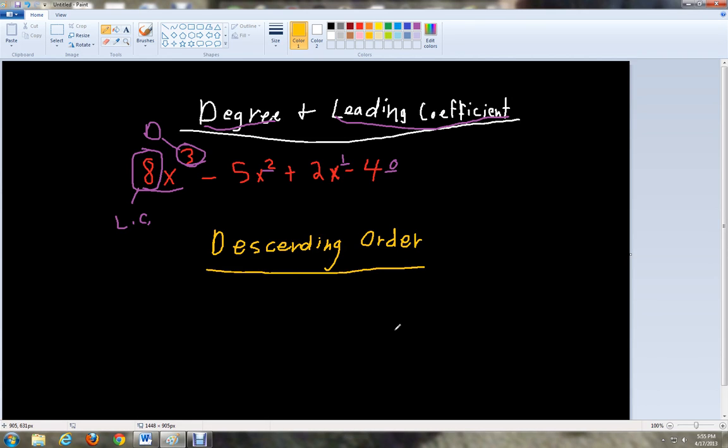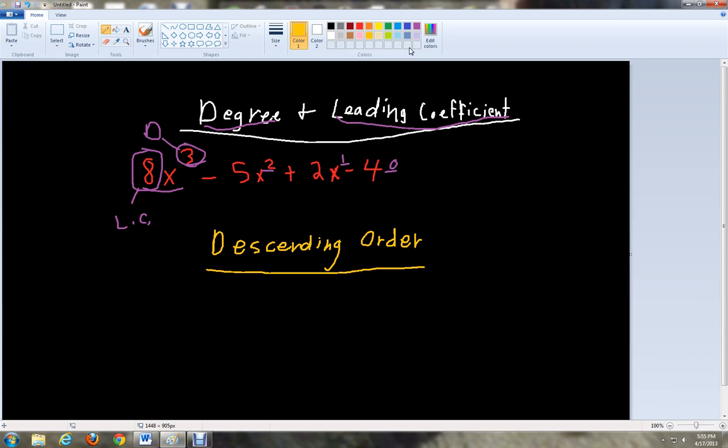So if you think of descending, like a plane descending from high altitude in the sky to the ground at the airport, so it's going from a high altitude to a low altitude, or the lowest it can go, which is on the ground. The same applies here with polynomials.